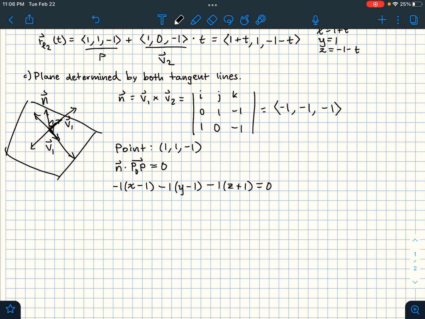If you simplify it fully, you'll get x plus y plus z is equal to, let me think for a second, 1 plus 1 minus 1 is equal to 1. Okay, so that will be the equation of the plane determined by the two tangent lines.